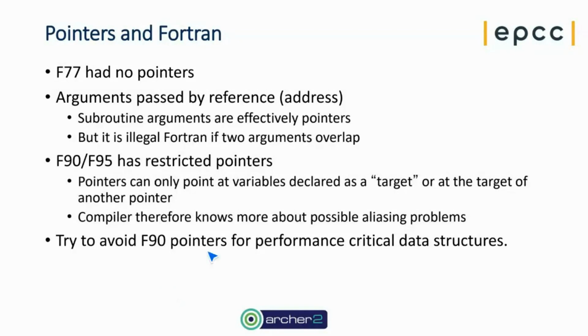But that was okay because it's actually illegal Fortran if two different array arguments actually resolve to the same memory location. That's prohibited by the Fortran standard. So it means that the compiler is safe to assume that different arrays don't overlap with each other.